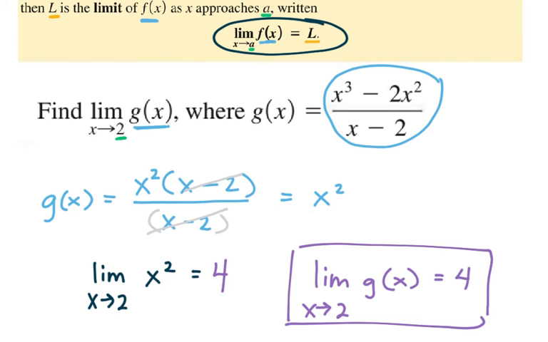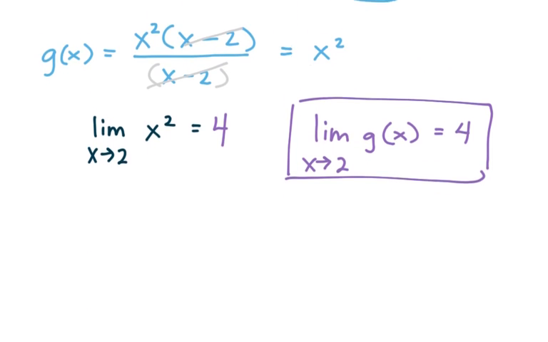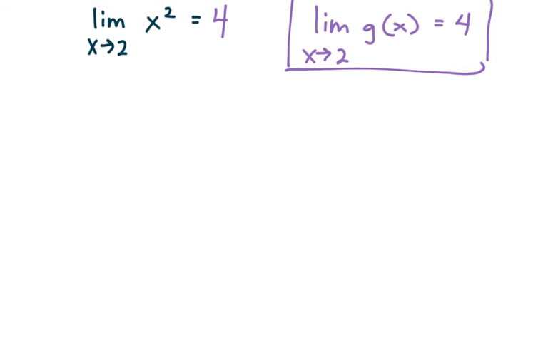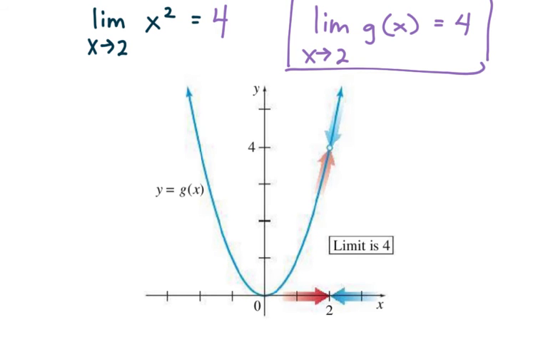And of course, we can consider this graphically as well. So I'm going to bring the graph of g of x in. If I were to graph this on my graphing calculator, I would get a parabola. What I might not see is that there is a hole, a removable discontinuity, which occurs at x equals 2.